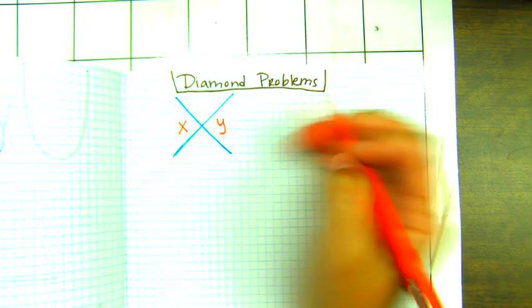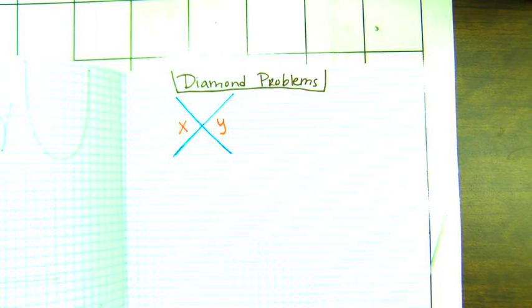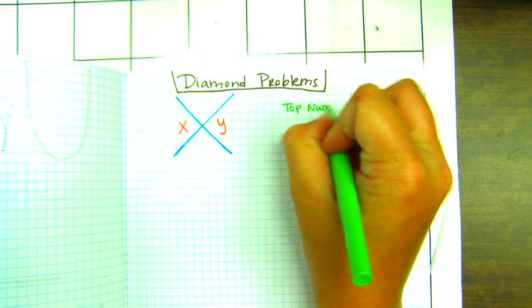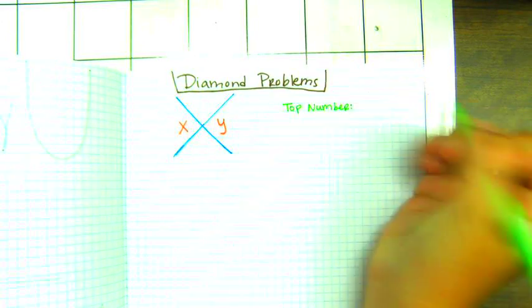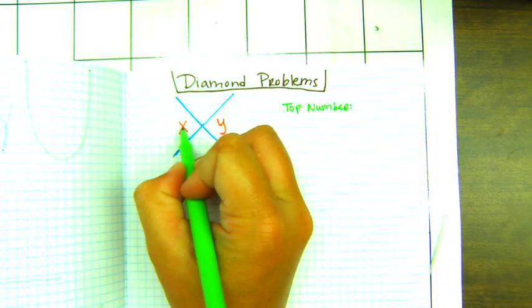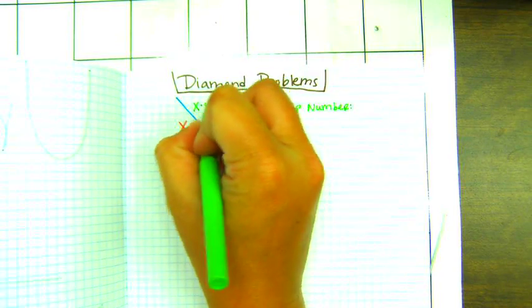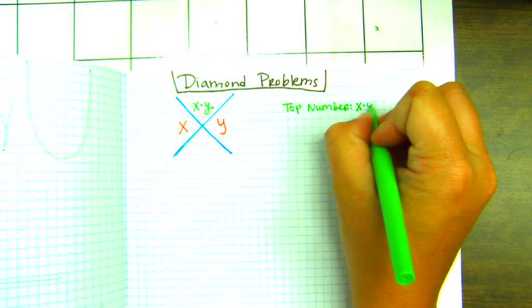To get to the top number, I'm just going to write top number. The top number is going to be this number and this number multiplied together. So that's going to be x times y.